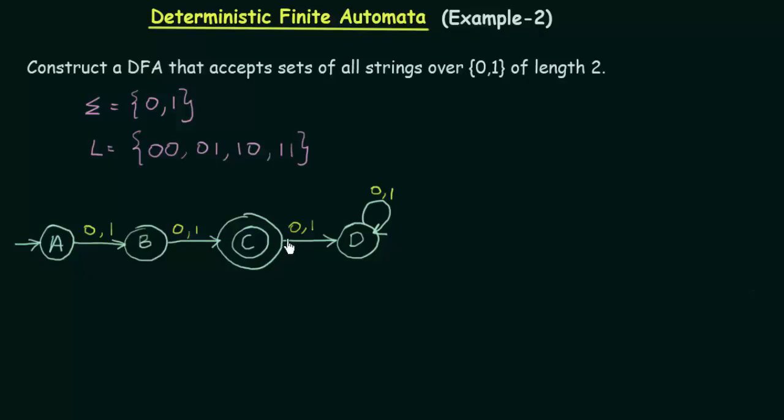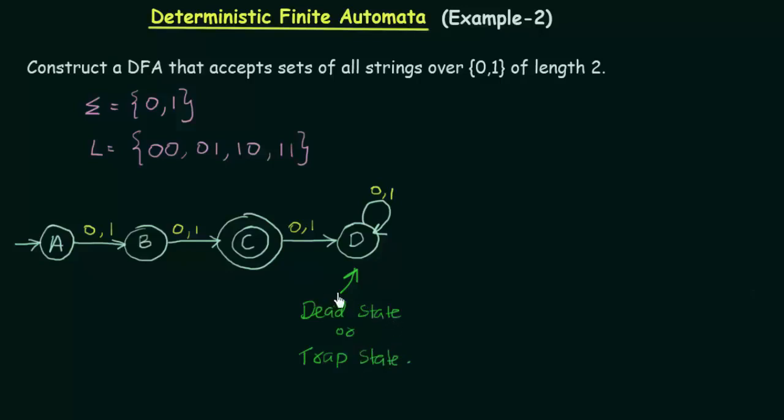It is trapped here, not able to reach the final state anymore. So any string of length more than 2 goes to state D, is trapped there, and will never be accepted. This state D is known as the dead state, or also as the trap state.